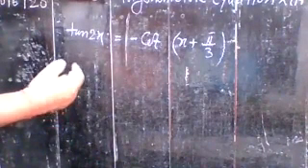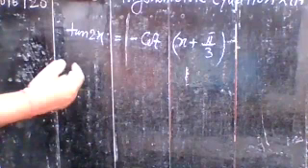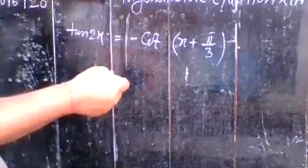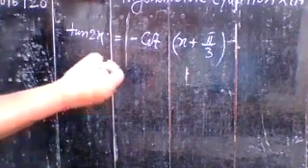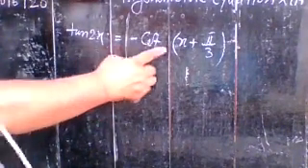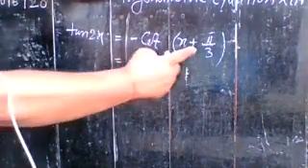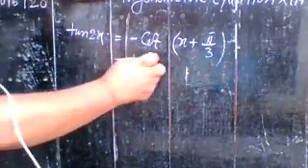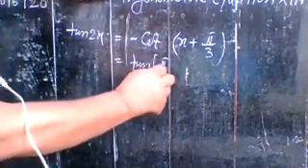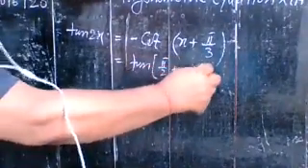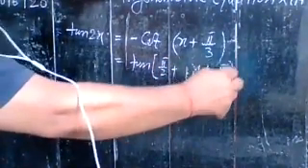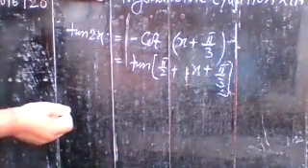And if you convert your right side in terms of tan, and here you have a negative sign, so no doubt that the tan function lies in the second quadrant. And for the second quadrant, what you write? Pi by 2 plus any angle. So what you write here, in place of minus cot of x plus pi by 3, you can write tan of pi by 2 plus this angle, x plus pi by 3. You write in this way.